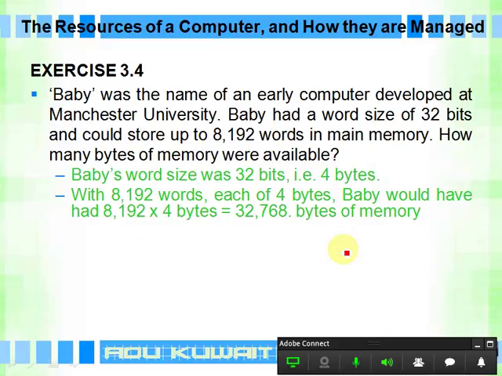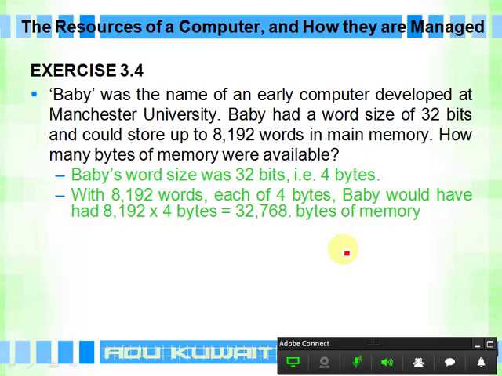Then next, another exercise. Baby was a computer, the name of the early computer developed in Manchester. Baby has a word size of 32 bits and could store up to 8,192 words in the main memory. How many bytes of memory are available?